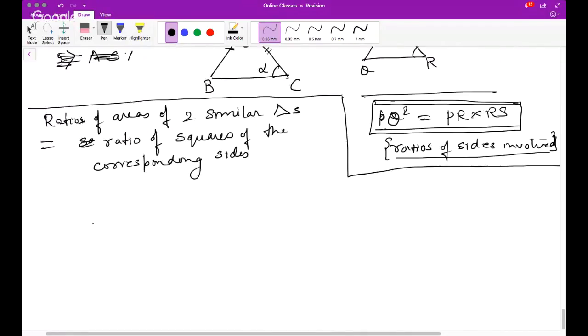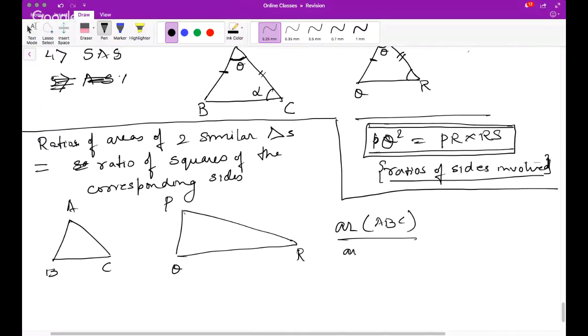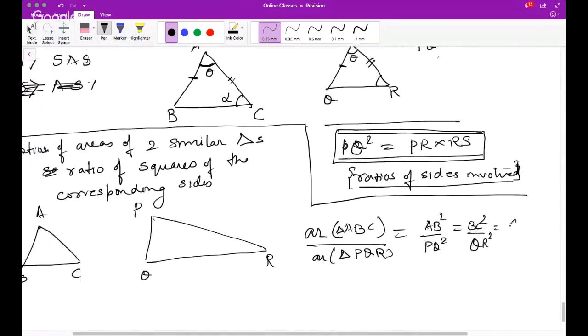Let's say if you have triangle ABC similar to triangle PQR, then area of triangle ABC upon area of triangle PQR is equal to AB square by PQ square, which will again equal BC square by QR square, which is again equal to CA square by RP square.